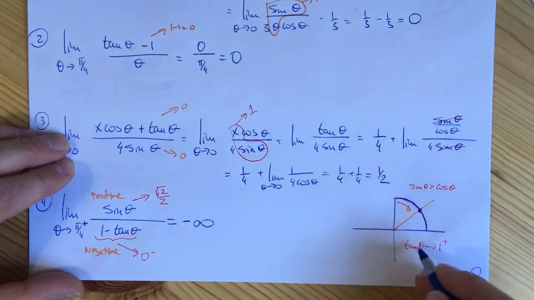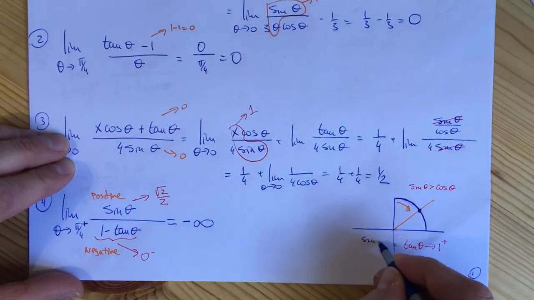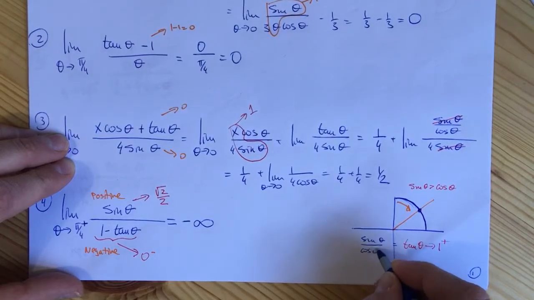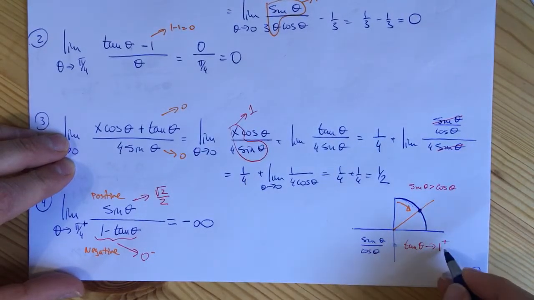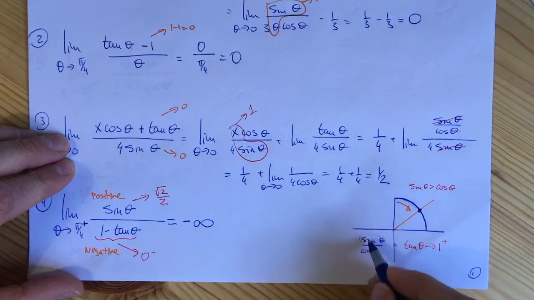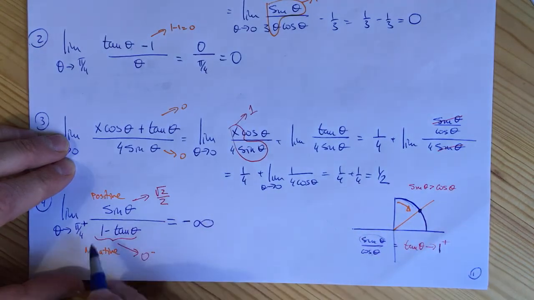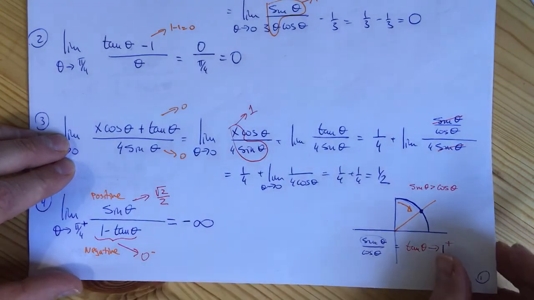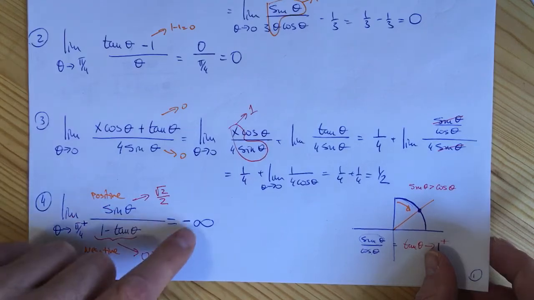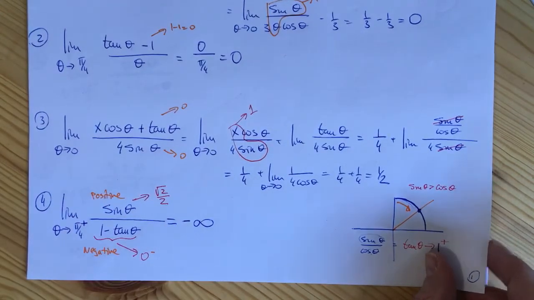So that means that the ratio of sine of theta over cosine of theta is going to be very close to 1, but slightly bigger, because the numerator is greater than the denominator. So that means that I'm going to approach 1 from the right. So 1 minus something that is bigger than 1 is negative, and that's how I get negative infinity.